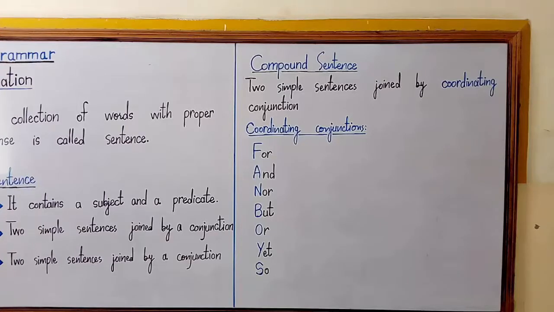We are going to talk about subordinating conjunctions in 2 to 3 minutes. It is difficult to remember subordinating conjunctions because there are so many, but it is easy to remember coordinating conjunctions because in the English language there are only 7, and you can remember them with the help of this acronym written before you, FANBOYS.